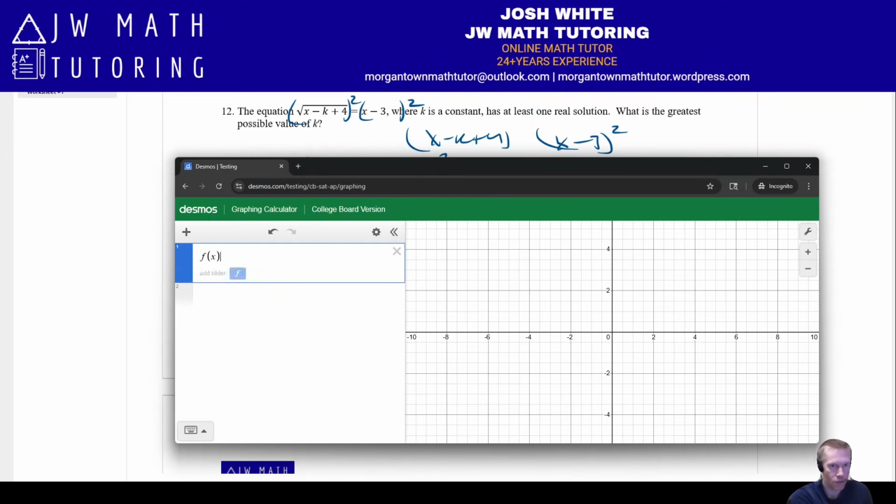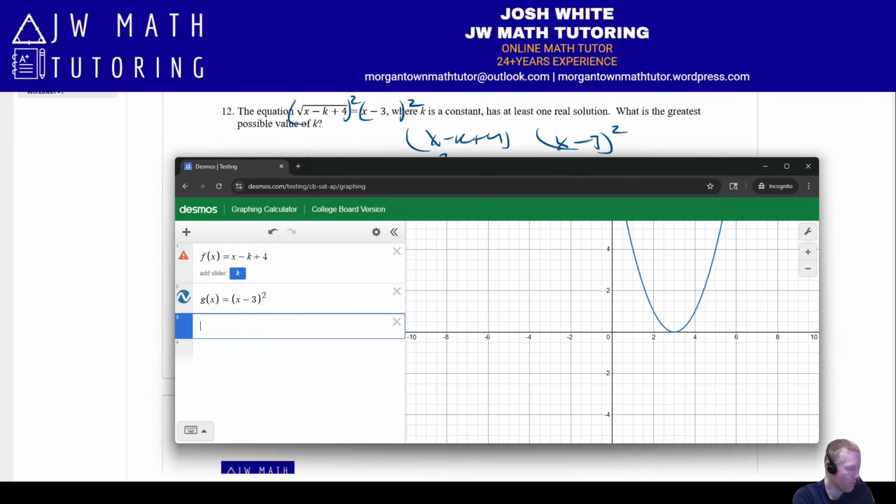Okay, I guess I'll show two different ways you could do this. Method 1, which should be the quicker way, is to graph both functions. One of them is f of x, one of them is g of x. This is going to be called the derivative method.